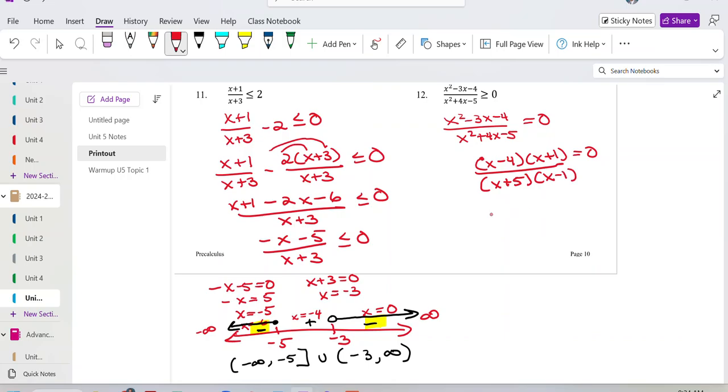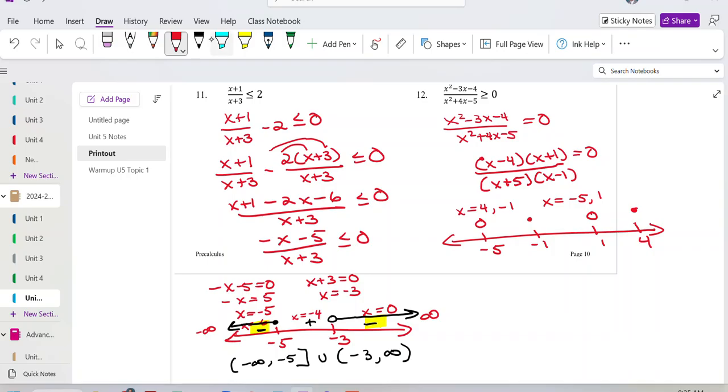So that means the numbers that make the numerator equal to 0 are 4 and negative 1, and the denominator would be negative 5 and positive 1. So when you put these on the number line, negative 5 comes first, then negative 1, then 1, then 4. Now remember, the denominator ones, it can't equal it, so it's open circle. The numerator ones, we'll put a dot because it's greater than or equal to.